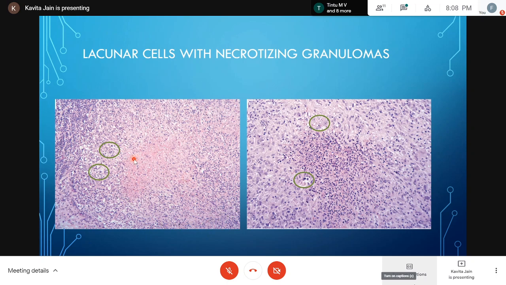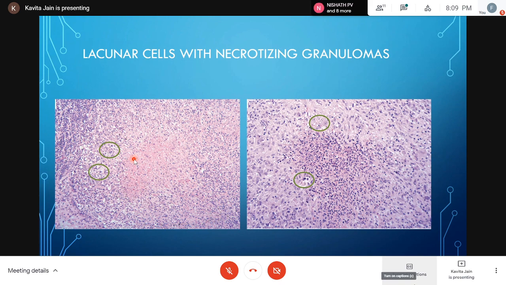Absolutely this picture. And in this milieu, especially with a patient giving a history of mediastinal involvement or a mediastinal mass, we should definitely look for these cells, because lacunar cells can at times look like normal reactive histiocytes also.